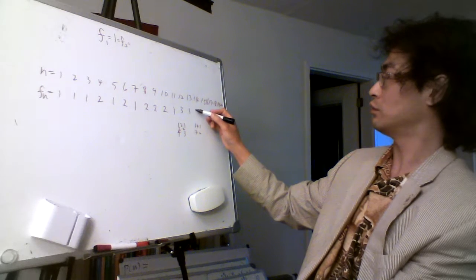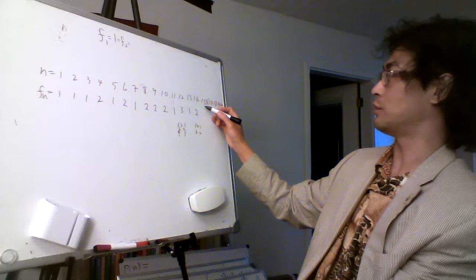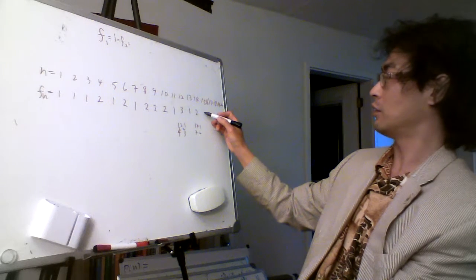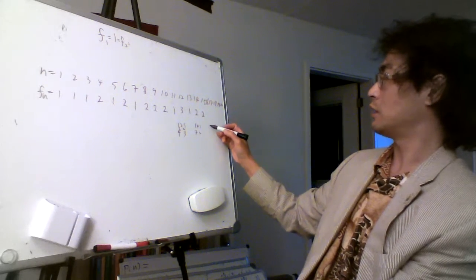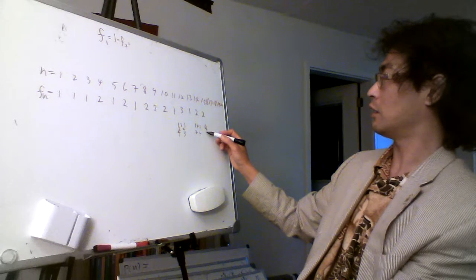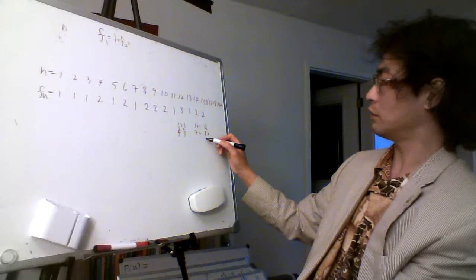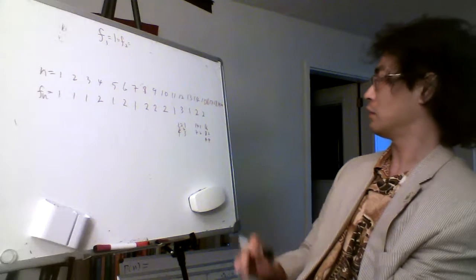So 2. 15, one more way to express 15, so 2. 16, you have 16, and then you have 8 times 2, 4 times 4. That's it, right?